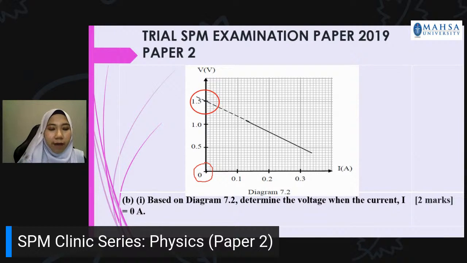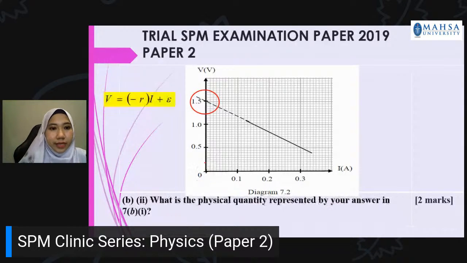Here you have the intersection on the y-axis. So the answer for the voltage when the current is equal to 0 is 1.5 volt. You need to extend the line. That is the concept when talking about the electromotive force and internal resistance, when you plot the graph of the voltage versus the current.